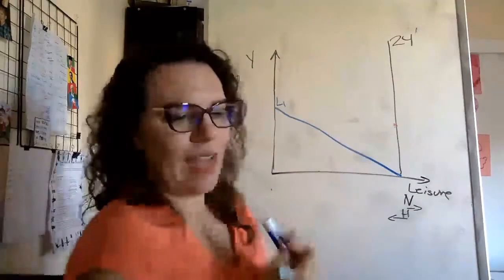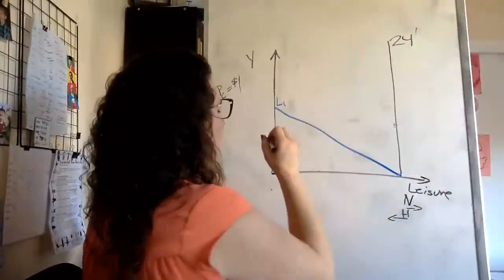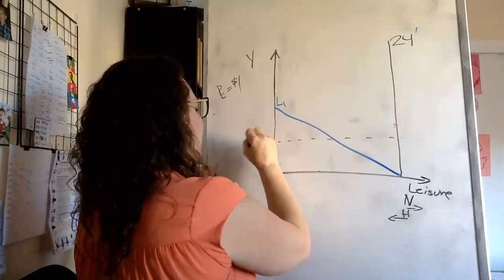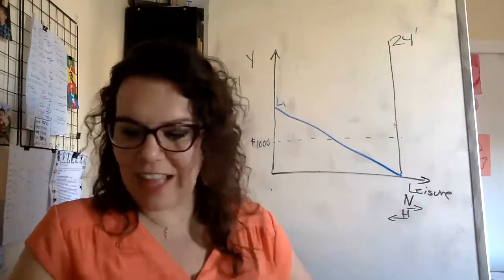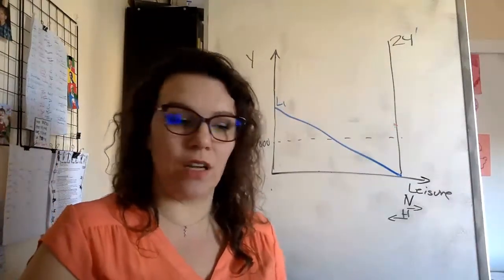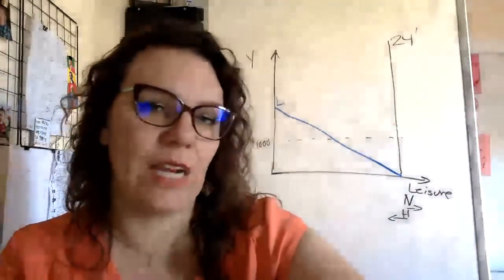And it should say on your graph, there's some point where they tell us where $1,000 is. And they say that there is going to be a flat tax for any income earned over $1,000. And this is where we get a kinked budget curve. So here's how it's going to look.